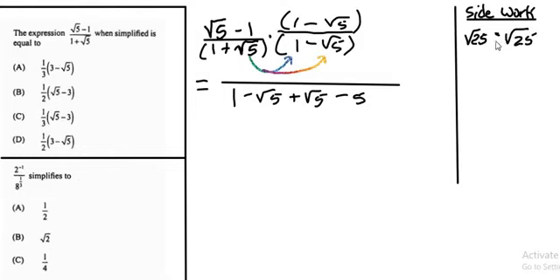So this means multiplication here. So root 25 times root 25. What is the answer? Well, we know the square root of 25 is 5. That is multiplied by the square root of 25 again, which is 5. Multiplying 5 times 5 gives us 25.